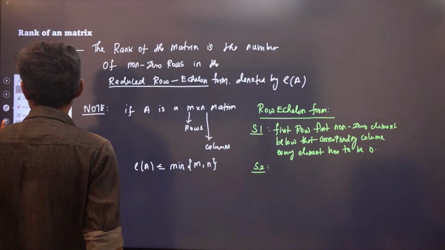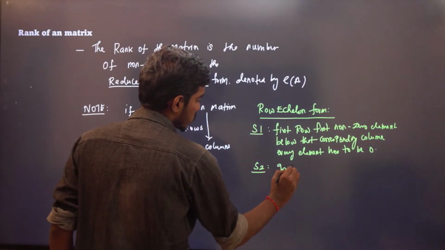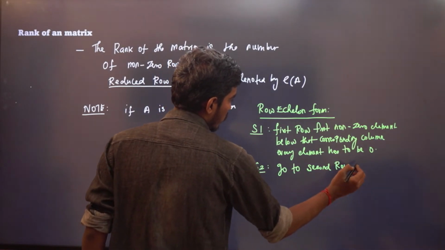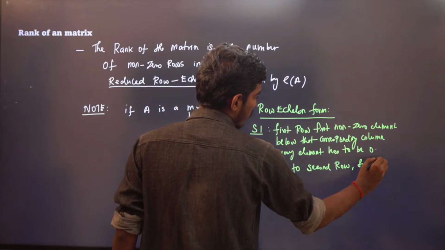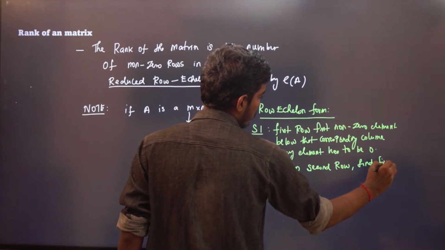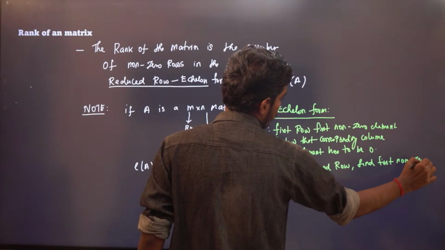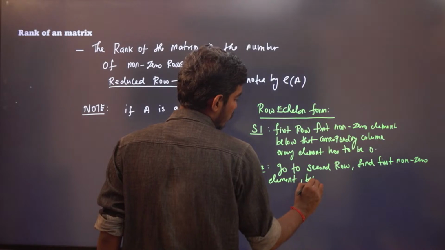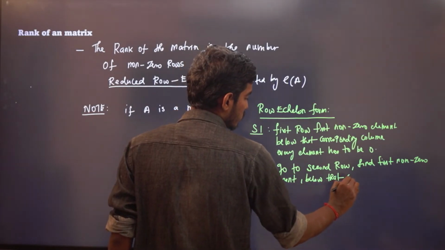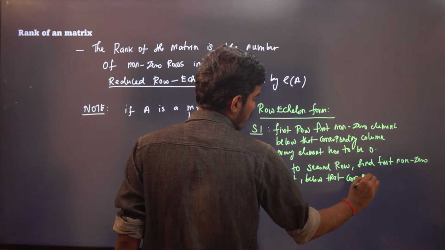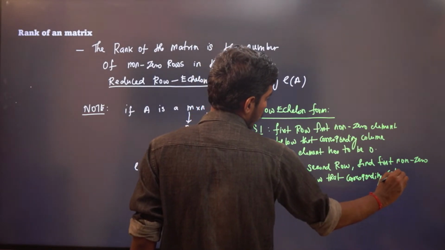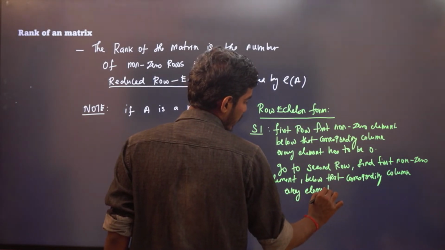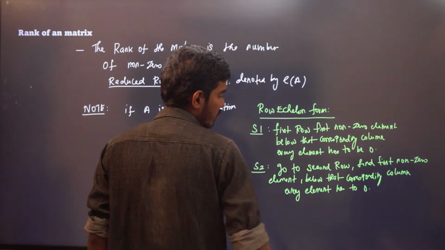Now what is step 2? Go to the second row. Find the first non-zero element; below that corresponding column, every element has to be 0.